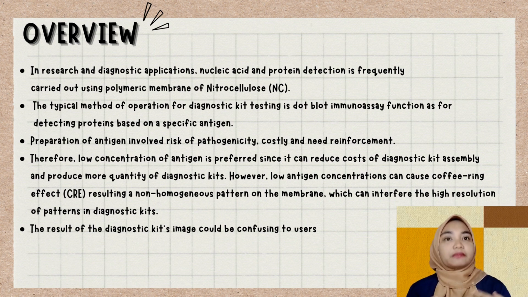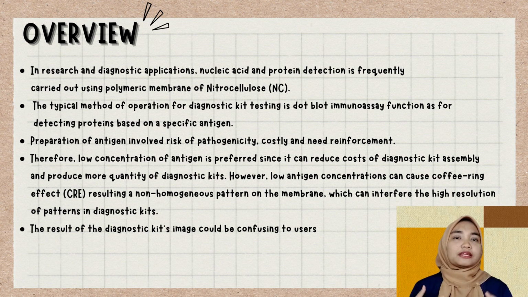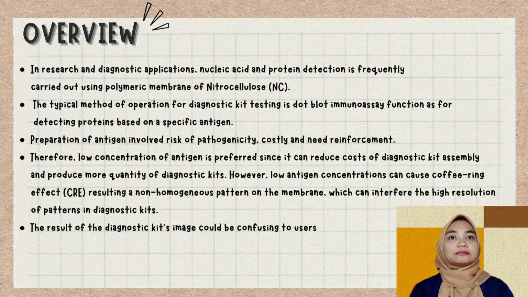Then, the captured image from the dot blot method will be analyzed using software known as ImageJ to interpret the surface intensity and to observe the coffee-ring effect on the membrane for each manipulated temperature.